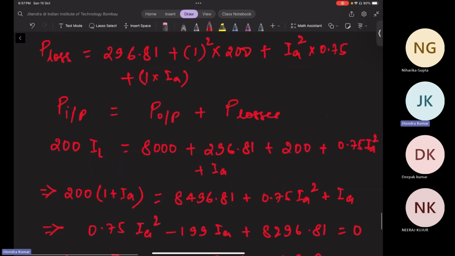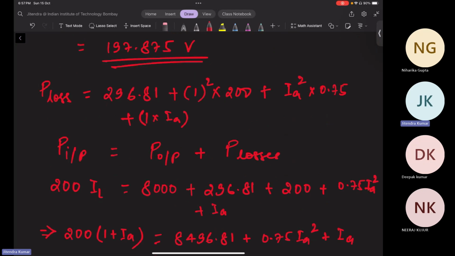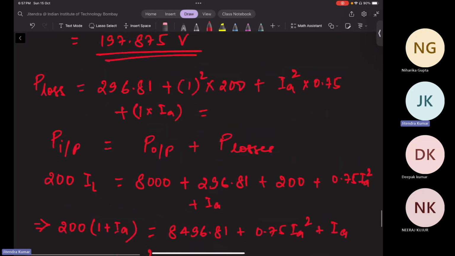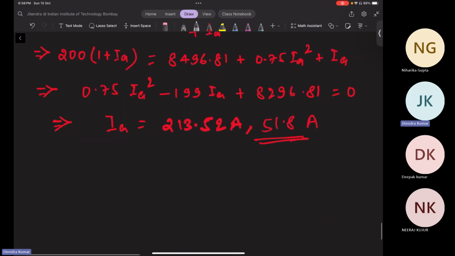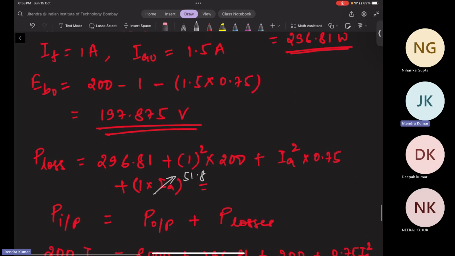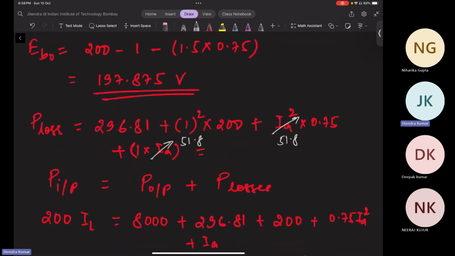So now what will be the full load efficiency? First, we have to find out the full load losses. So just put in 51.8 amps here and 51.8 amps here. So let me calculate that. 296.81 plus 200 plus 51.8 square into 0.75 plus 51.8.